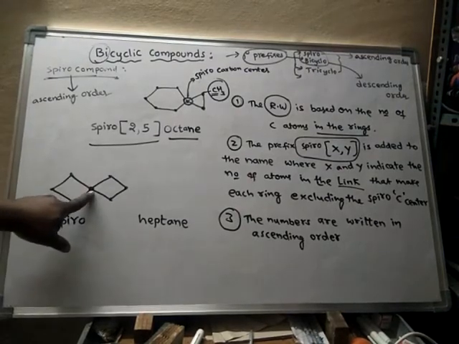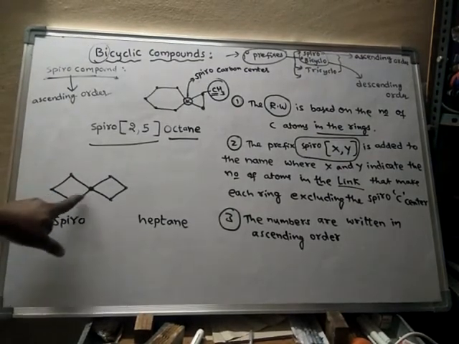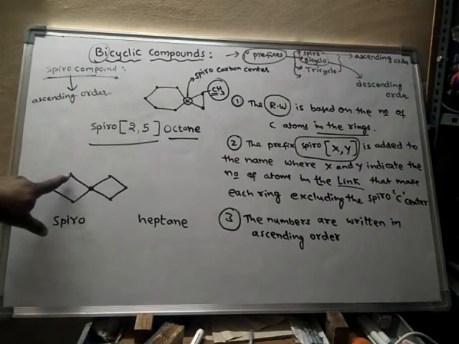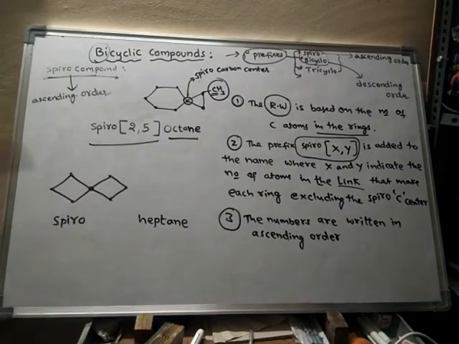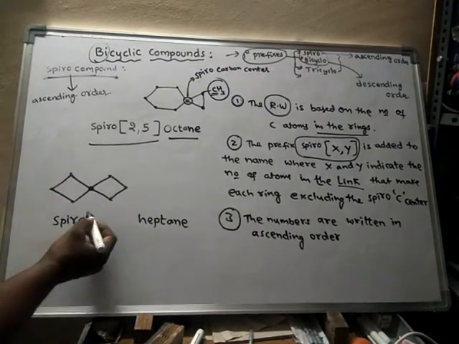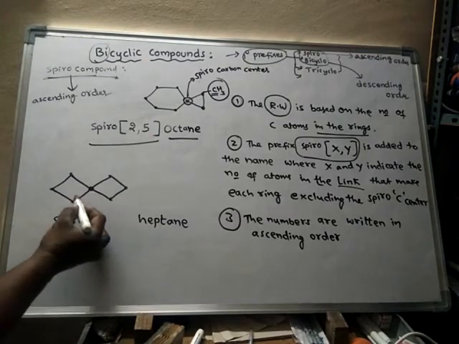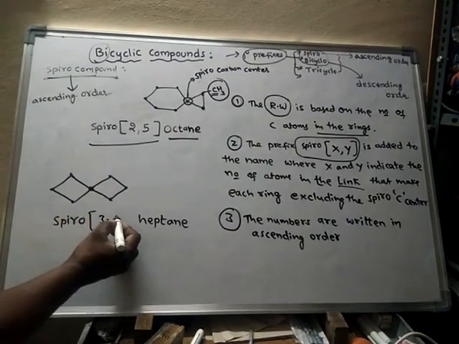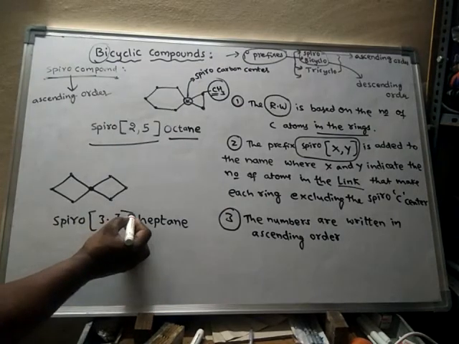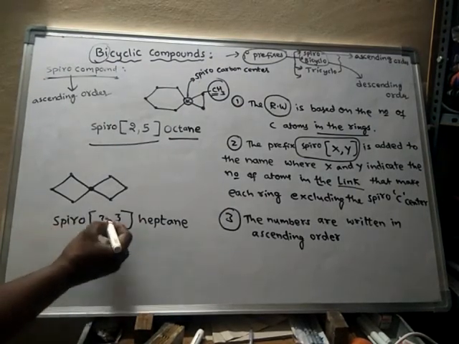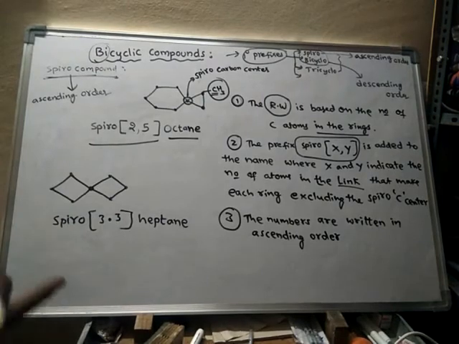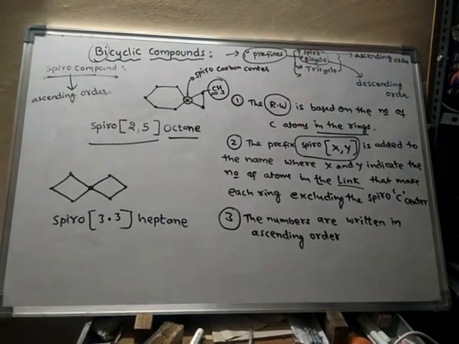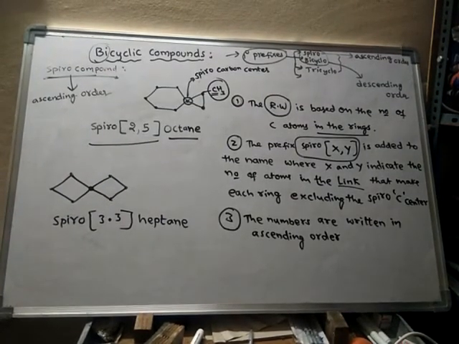If you include this carbon, then it becomes a ring. If you exclude this carbon, then it is called a link. Simply remember like that. So, three-member link, 3.3. So this is the name of the compound. There is no ascending or descending order because these two rings are of equal length.